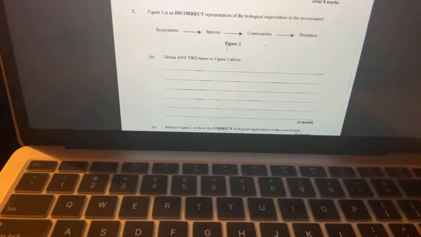Those are some terms we want to familiarize ourselves with. Going into the examination, you can be given any one of those terms to define.